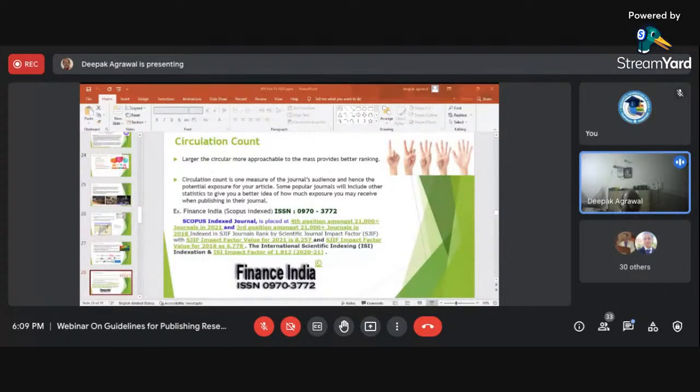It is an international review with an impact factor of 8.257 and so on. So getting a paper published in such journals is definitely a prestigious point for us also.